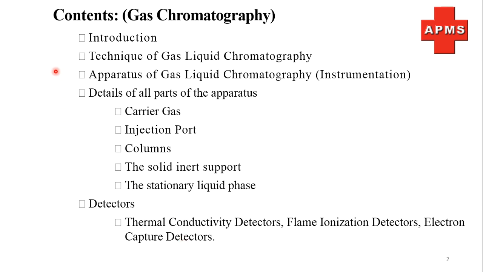So these are the contents related to gas chromatography in third unit. First we will see introduction of gas chromatography, then techniques of gas liquid chromatography, apparatus of gas liquid chromatography, means here we will see instrument of that chromatography which is practically used to identify compounds in a mixture.